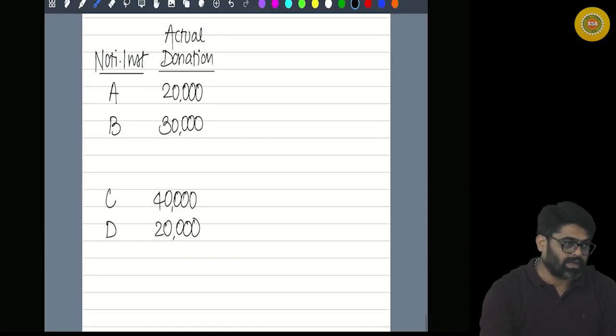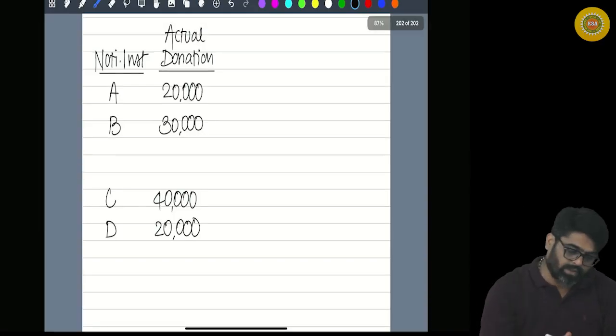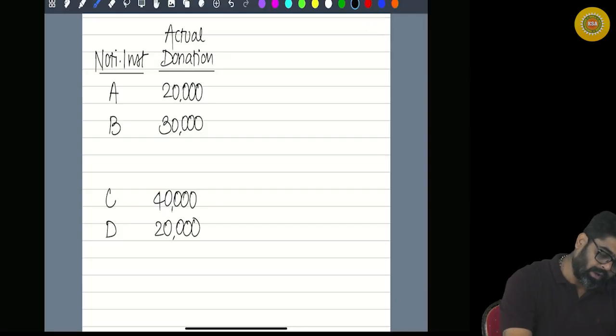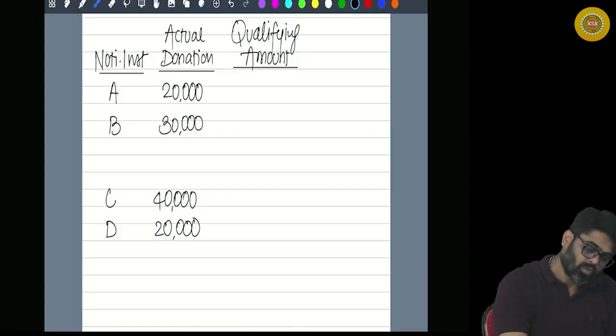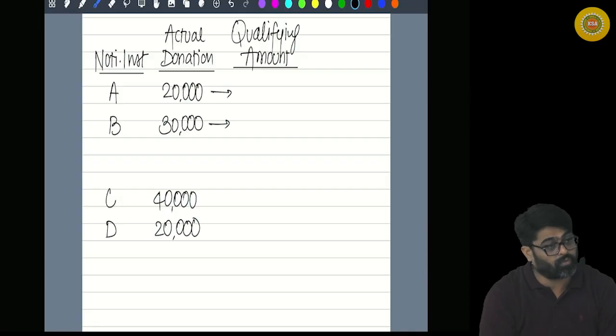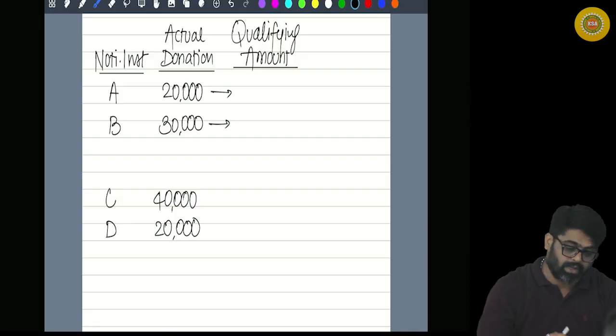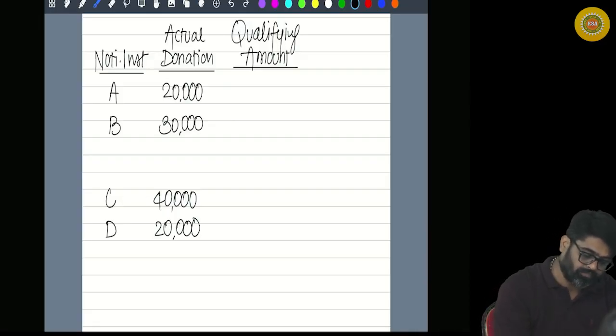Now out of the actual amount donated, how much will qualify? What did I say? Qualifying amount. They say the full amount of category A and B will qualify, meaning 20 plus 30.